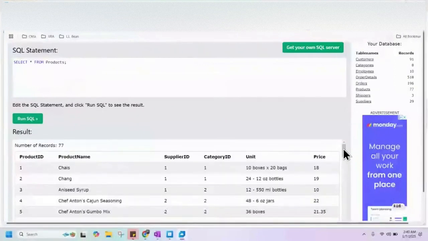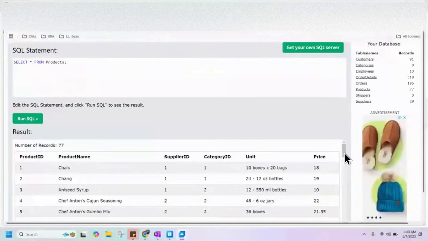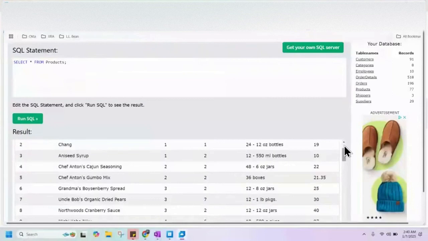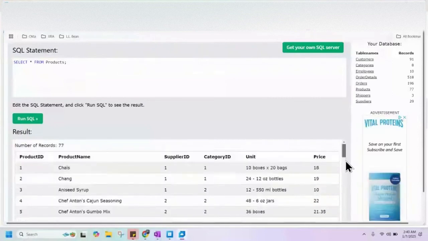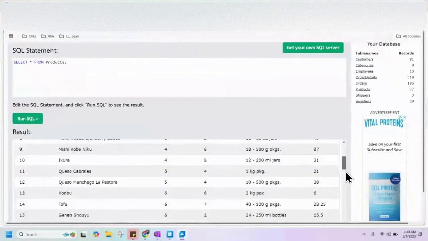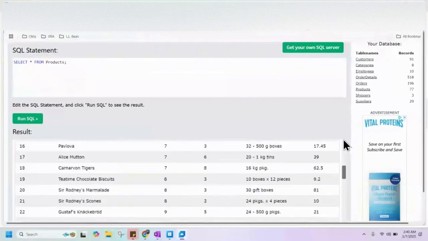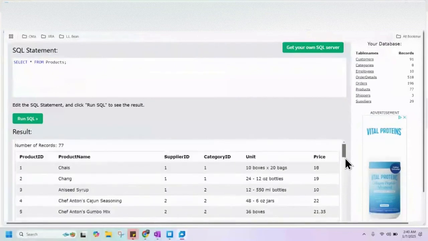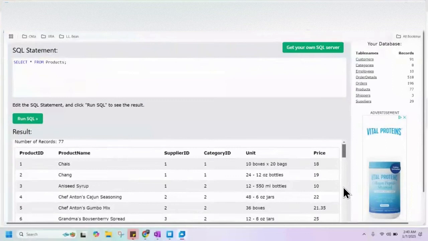So you see product ID is repeating 1, 2, 3, 4, 5. No, it's not.